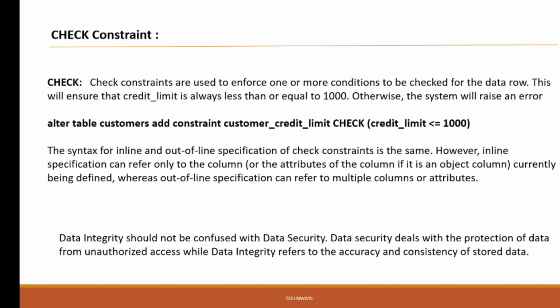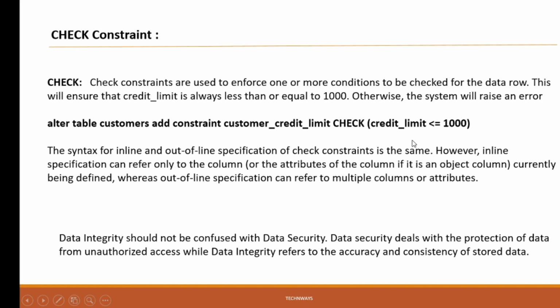Next, the check constraint. Basically, if we want to put any condition on the record, for example when inserting customer details, we may want to validate the customer credit limit, meaning how much limit we allow a customer to have in our database. We can alter the table and add the constraint on the credit limit column, saying credit limit is less than or equal to 1000.